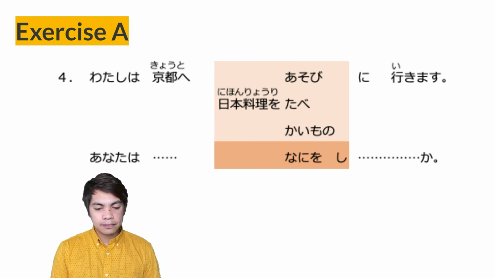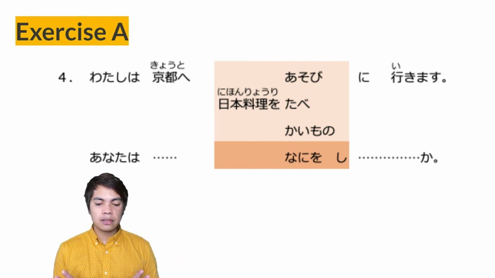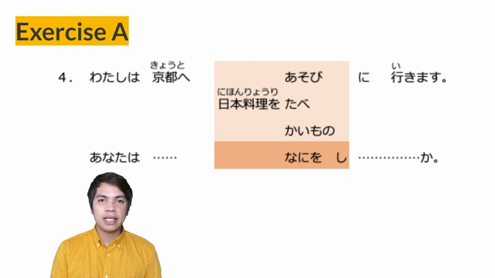Next line, Watashi wa Kyoto e Nihon ryori o tabe ni ikimasu. So the purpose of going to Kyoto is Nihon ryori o tabemasu. So remove masu. Nihon ryori o tabe, the particle ni. Next line, Watashi wa Kyoto e kaimono ni ikimasu.